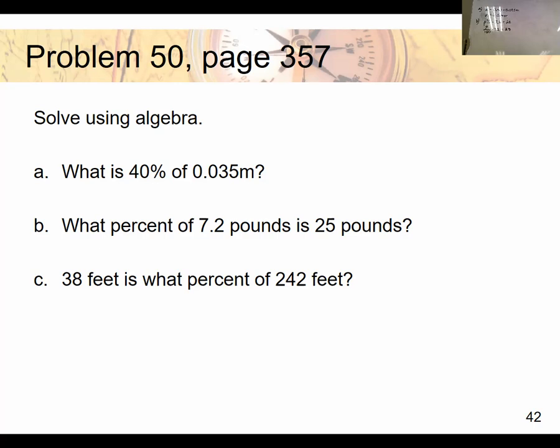Because I'm doing a little bit of algebra here, I'm gonna say 7.2 times P over 100 is equal to 25. And then the next step would be to multiply by 100 on both sides. So I have 7.2 P is equal to, what's this, 2,500? And then divide both sides by 7.2.